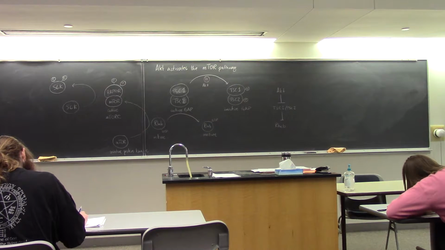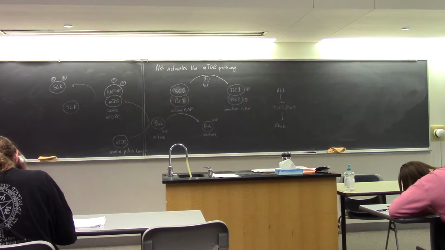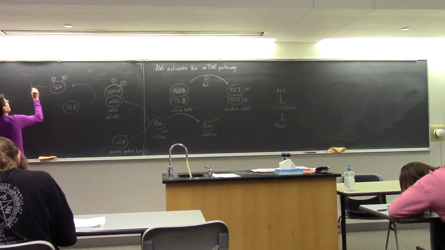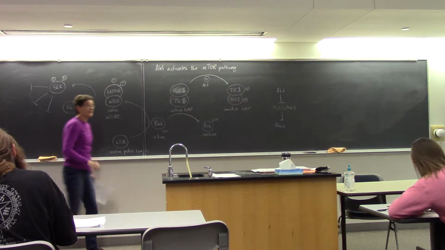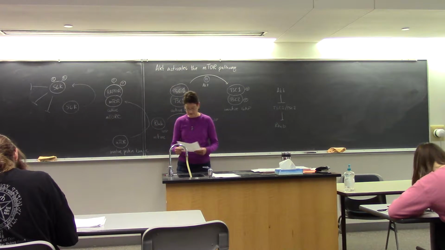I'm leaving one out here, so I'll not get to all of them. Through phosphorylation, S6 kinase can knock out a lot of things. When it's active, it's going to phosphorylate a whole bunch of things and inactivate those things.